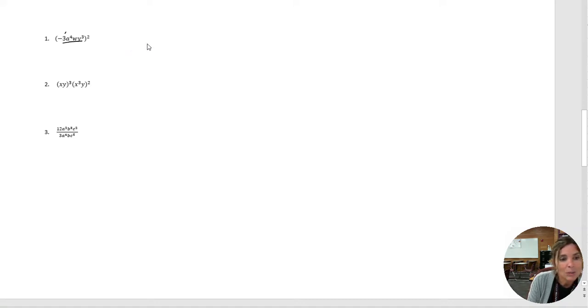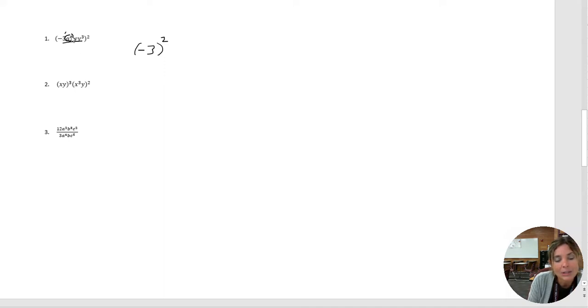And when you do the power of a power rule, you multiply the exponents. Okay, so what we need to do here is -3 raised to the first power, and then raised to the second power is going to be -3 to the 1 times 2, which is 2. Okay? And then we have the a to the 4th.